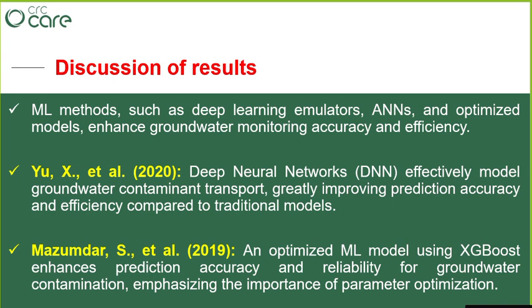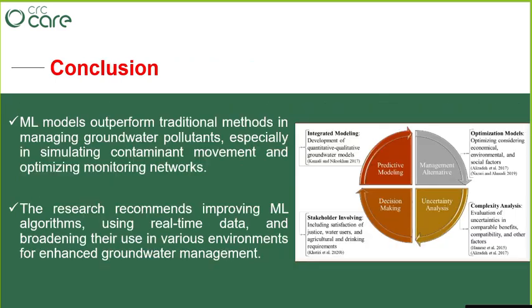Mazumdar and his team developed a case study in which an optimized ML model using XGBoost enhances prediction accuracy and reliability for groundwater contamination, emphasizing the importance of parameter optimization.